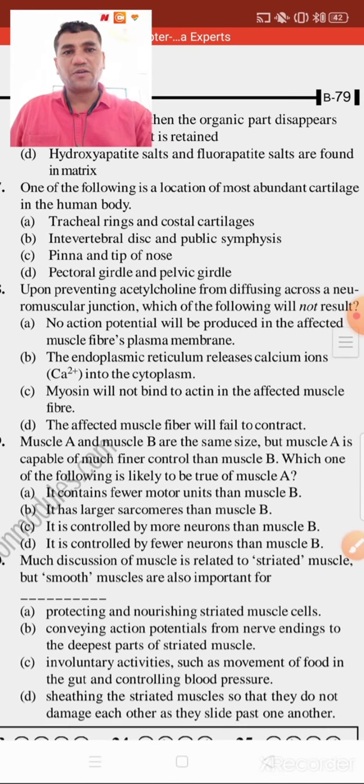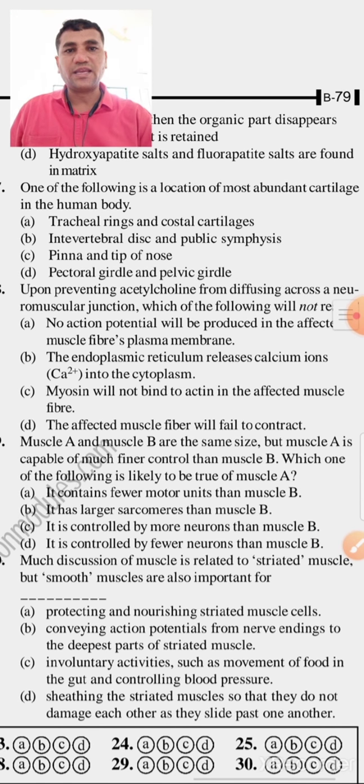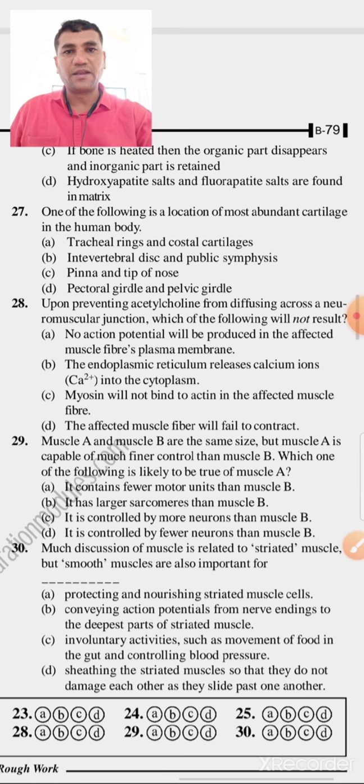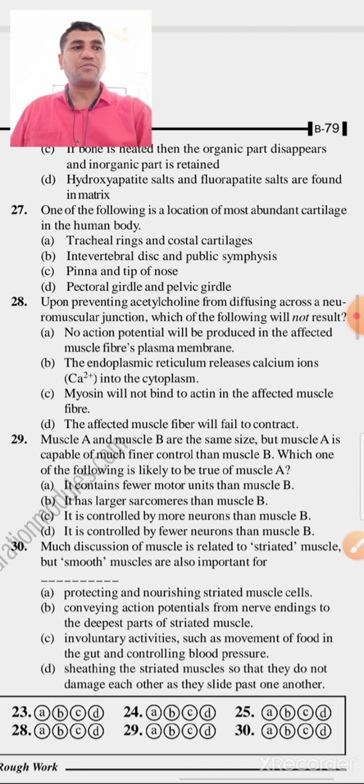Which one of the following is a location of the most abundant cartilage in the human body? Tracheal rings and costal cartilages, intervertebral disc and pubic symphysis, pinna and tip of nose, pectoral girdle and pelvic girdle.